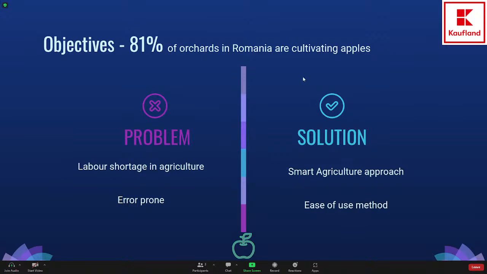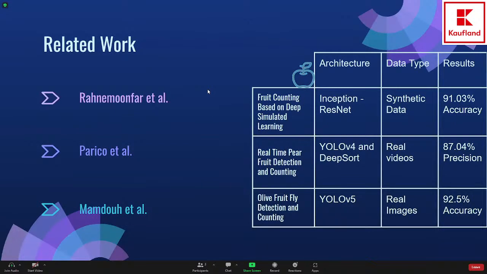So let's dive into some related work, because we have some state-of-the-art papers presented in this table. First of all, the most important one is fruit counting based on deep simulated learning, which has a somewhat similar approach, but uses an Inception ResNet trained on synthetic data with a result of 91% accuracy.